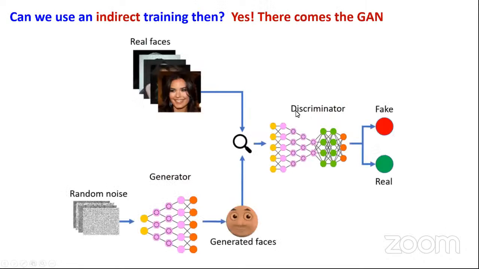GAN uses an indirect training procedure, and the GAN system comprises two separate neural networks which have certain communication among them. One of these neural networks is called a generator, which you can see here.